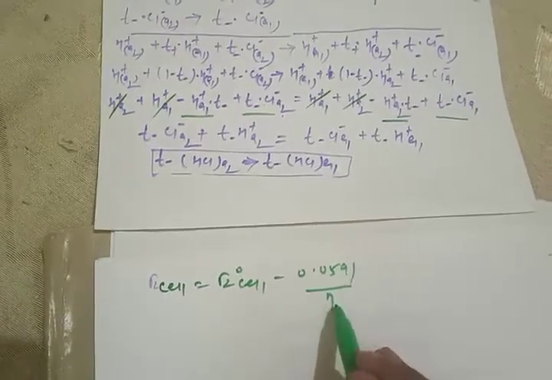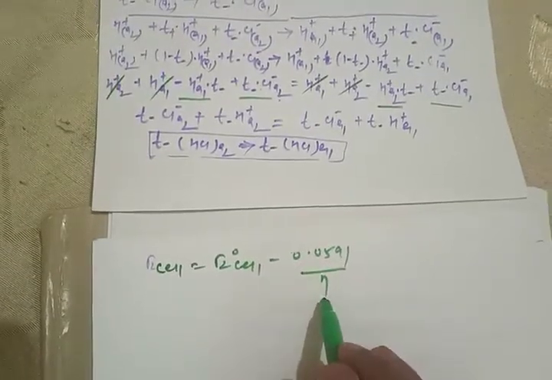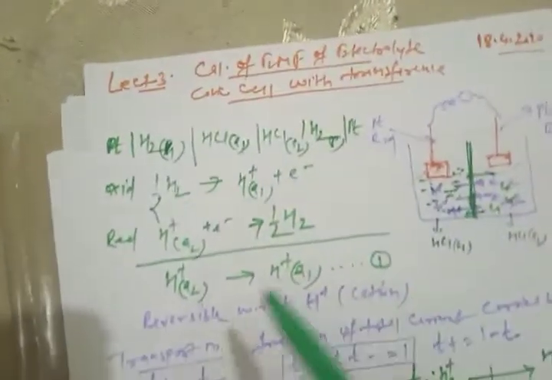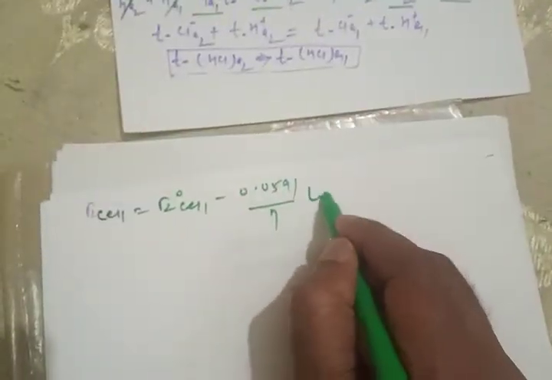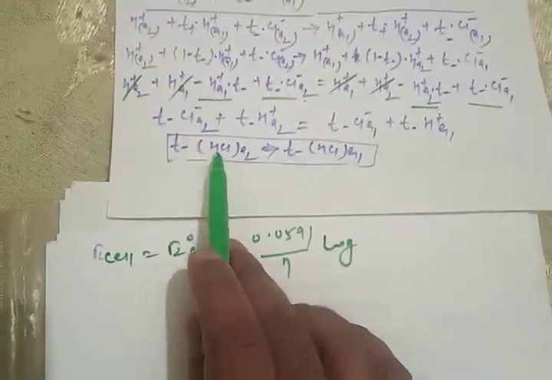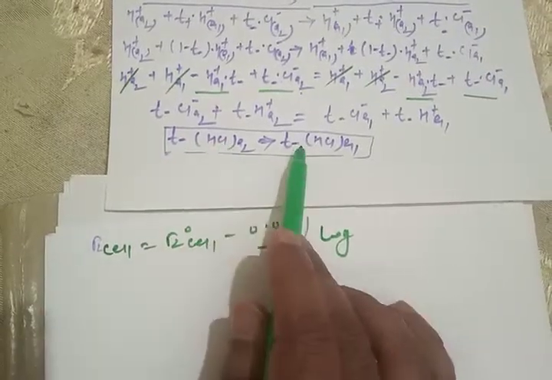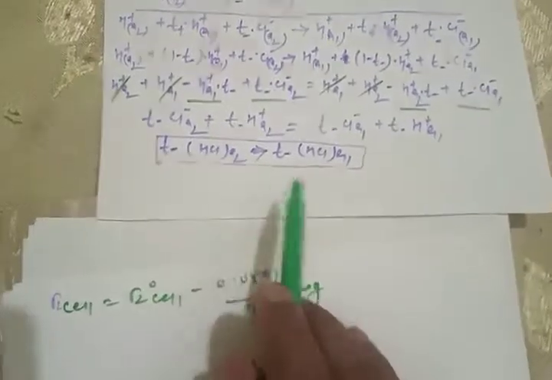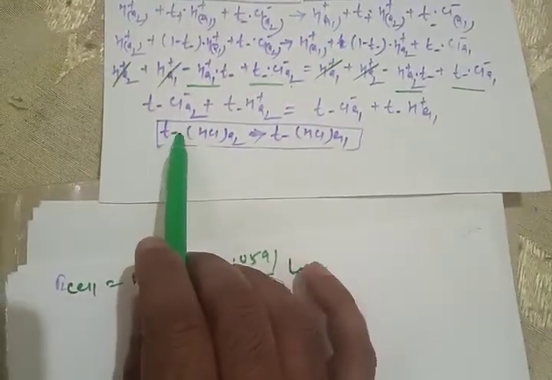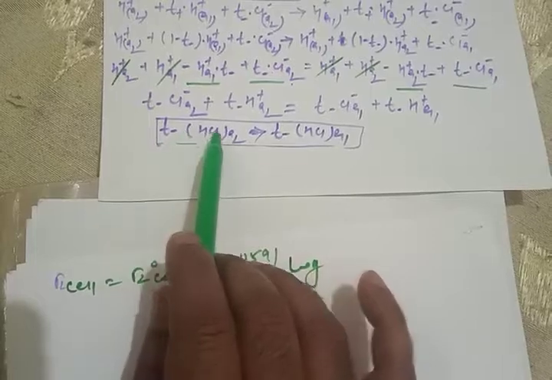0.059 upon n, and n in this case we have only one electron. As you can see here, this is the equation, so we have only one electron, so n will be 1 in this case. Then log, and we have the equation like this: SCl, T minus SCl A2 and T minus SCl A1, so product upon reactant. But one thing you should remember here, this T minus is multiplied with SCl.